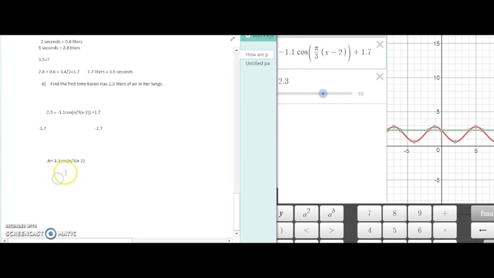Then after that you divide the whole thing by 1.1.